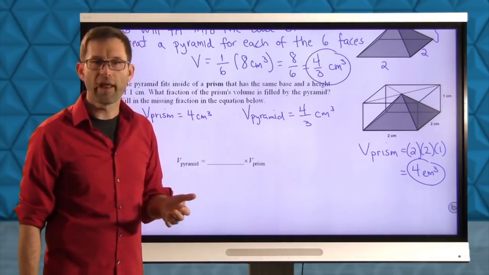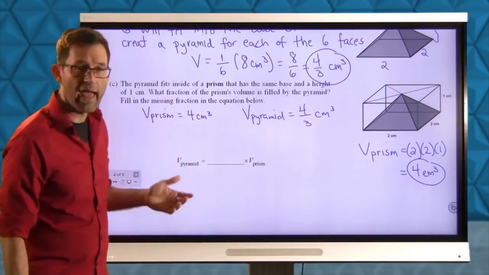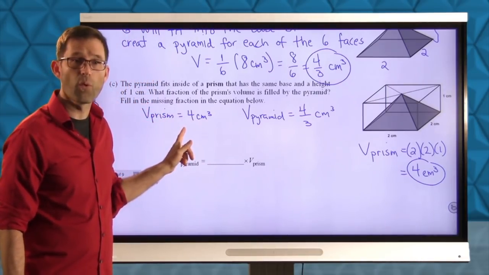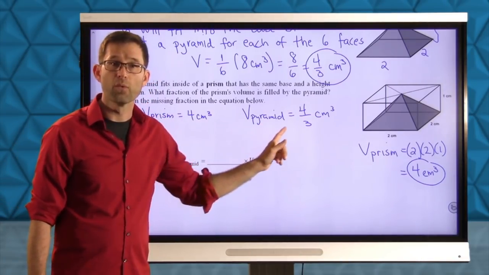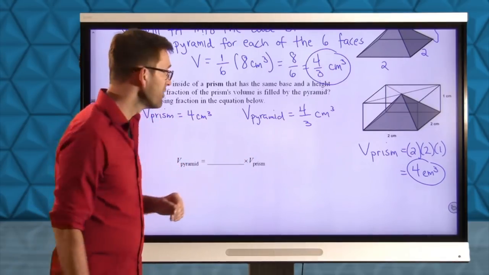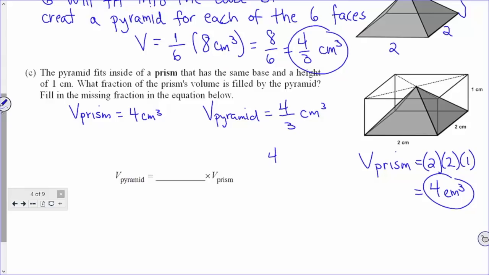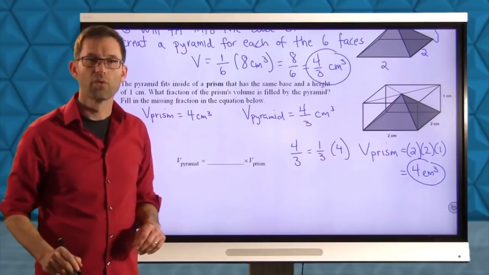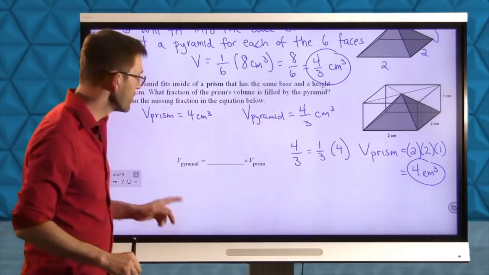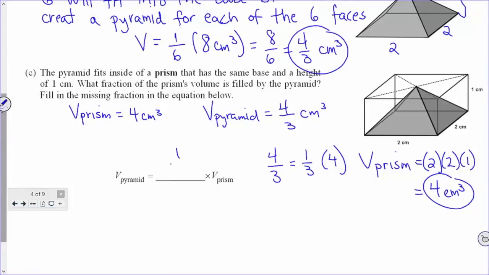Well, it may seem like 1/2. But of course, if it was 1/2, then if the volume of the prism was 4 cubic centimeters, the volume of the pyramid would be 2 cubic centimeters. In fact, think about this for a second. 4/3 is the same as 1/3 times 4, right? In which case, the volume of the pyramid is 1/3 the volume of the prism.